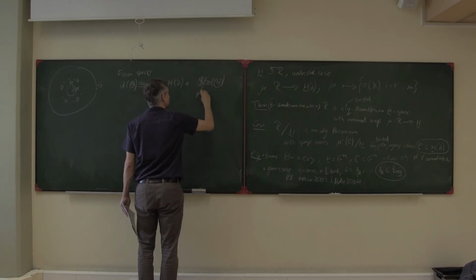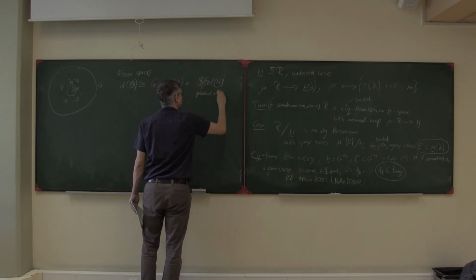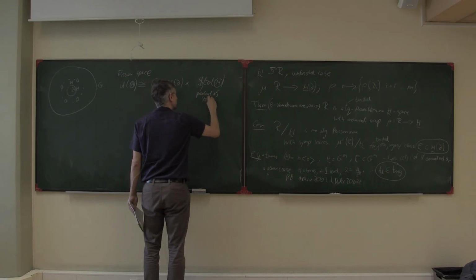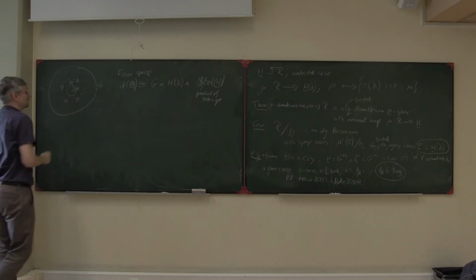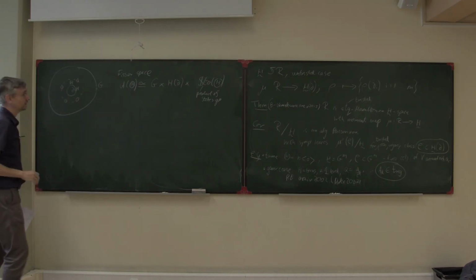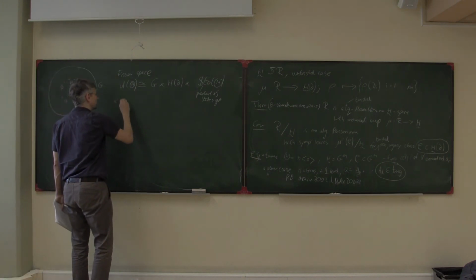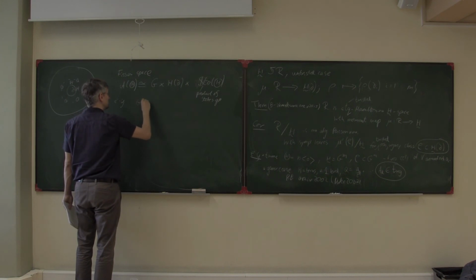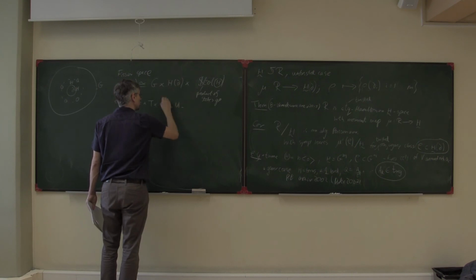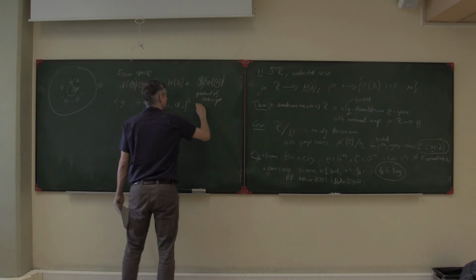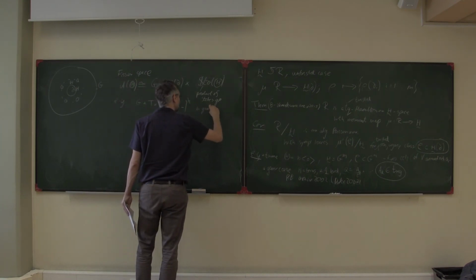This is just the product of the Stokes groups continued back to the base point in a particular way. So it's a very explicit space, so e.g. G cross T cross U plus cross U minus to the K in the generic case.